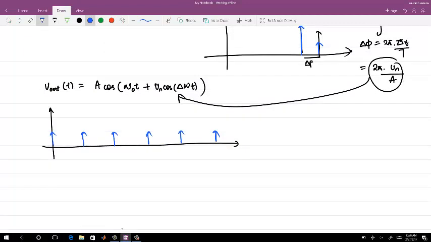So let me just write it as Vn of t. Now this Vn of t causes you a phase change phi of t, in relation to the amplitude factor here.